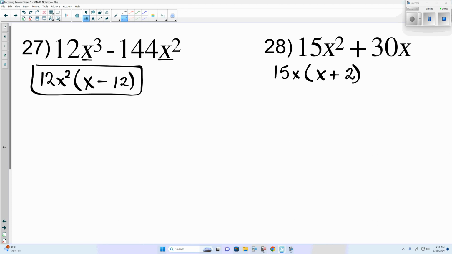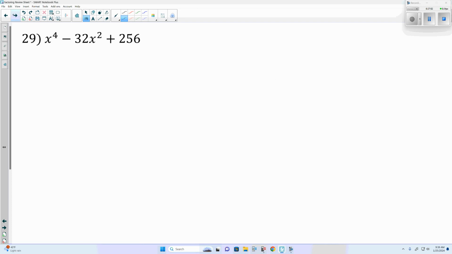Now, if there are some like this and you're not sure, factor out the greatest common factor. Even if you do get stuck there, you will get some points for factoring out the greatest common factor. And it could be that it's one of these here and you actually got the final answer. Even if you do get stuck, don't know what to do afterward, do what you can and know what to do, and then go from there.